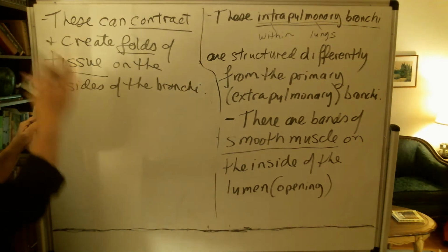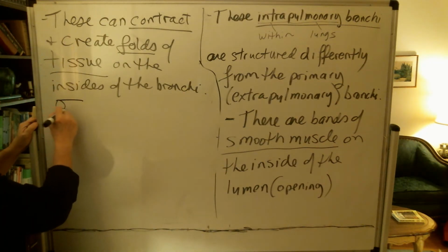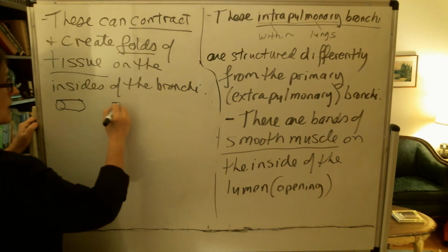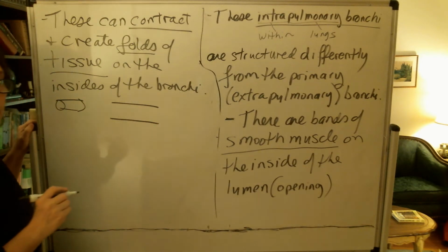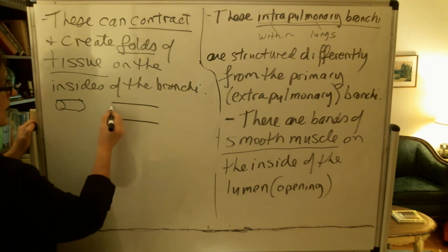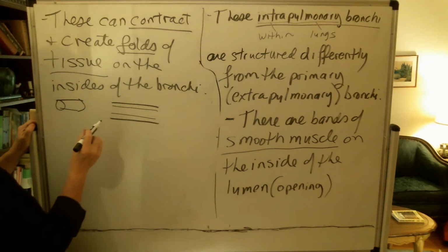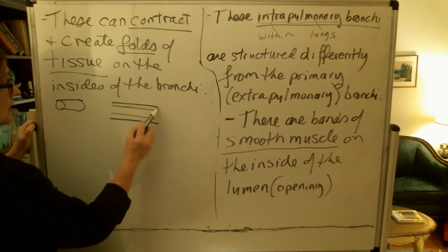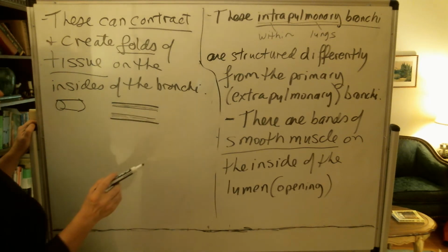It goes like this. Take a slice through a tube. So here we have a tube. We're going to take a sagittal section through it. Now, here we have the lining of the tube. It's a bronchus. So suppose you have smooth muscle going along the side like this.